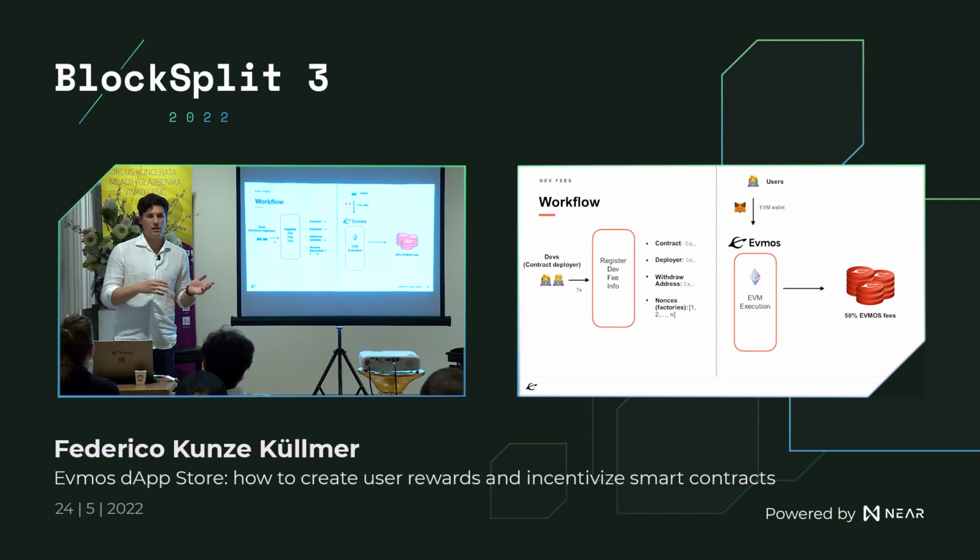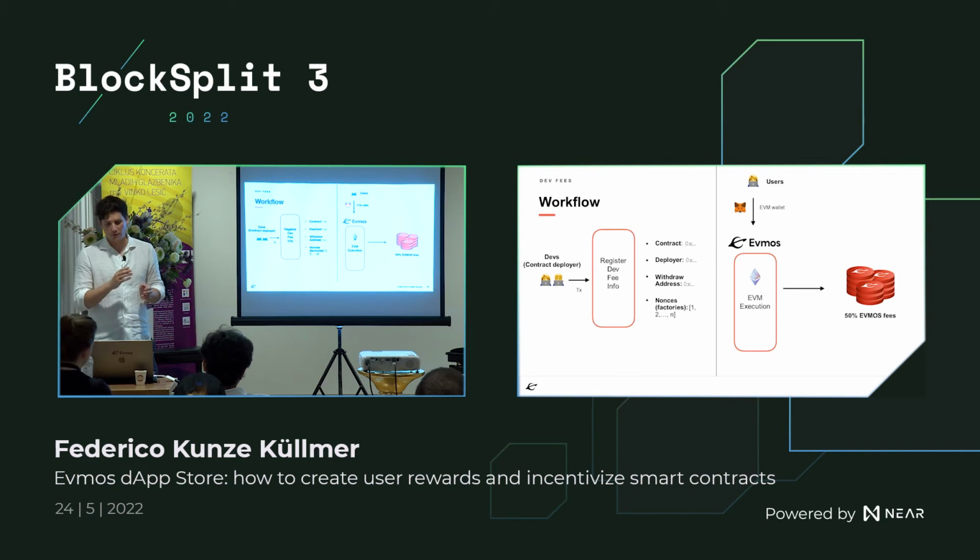Or you can deploy that into your usage incentives. So you can define whatever withdrawal address you want for that 50% of the transaction fee to go to. You can receive it yourself as a deployer, or you can define any address.